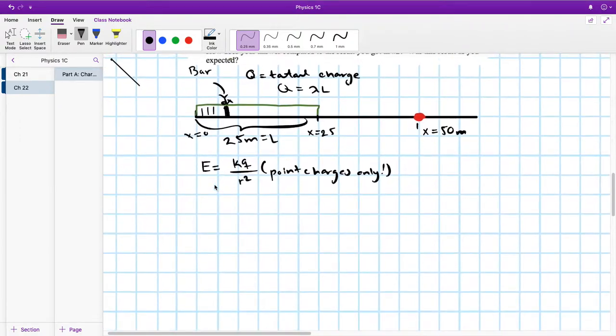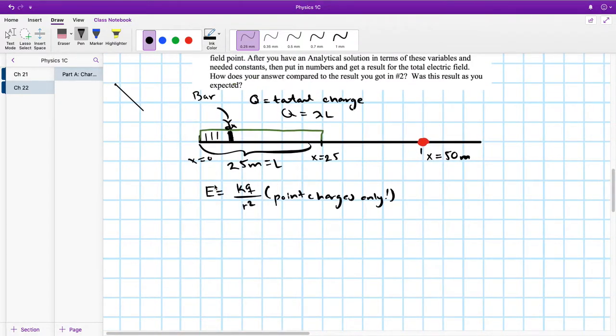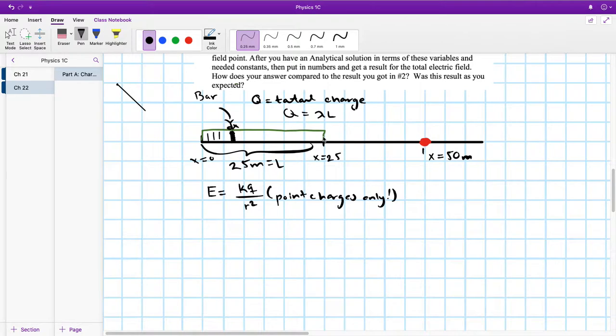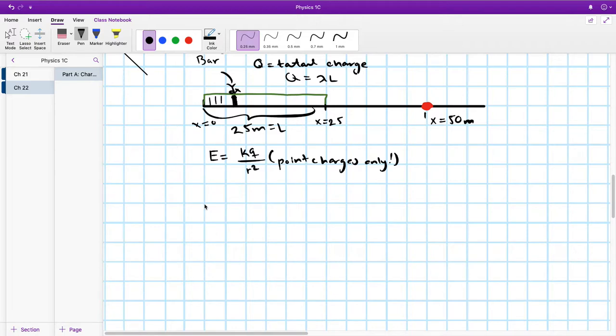But we can utilize this equation to figure out how much just a small portion of this rod produces an electric field onto the point and add up all the small portions of the rod. And the way we do that is that we find a dE, or a small portion of the total electric field, and dE is equal to K dQ over R squared.